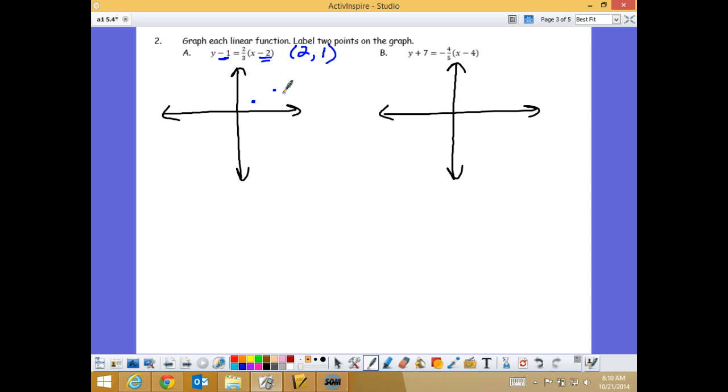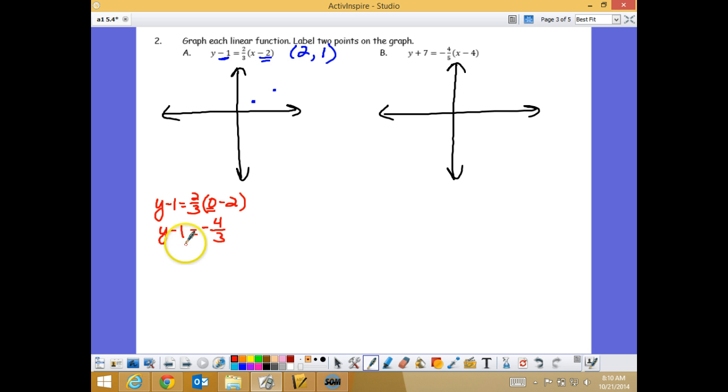If we want to find the y-intercept first, we're going to put 0 in for this x. So we have y minus 1 is equal to 2/3 times (0 minus 2). We're putting the 0 in for that x-coordinate, and we're going to solve this equation for y. Okay? So 0 minus 2 is negative 2, times 2/3 gives us negative 4/3.